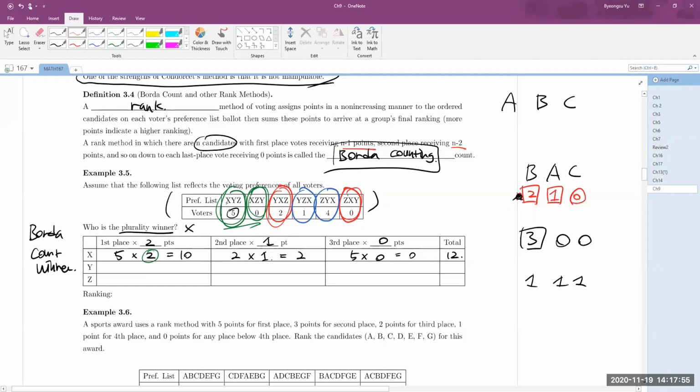There are 2 voters, in red, so I multiply 1 point for each of them. And the voters in the blue circles think that X is the worst choice, so we don't give any points. By adding all those points, you get 12 points for X. Good.